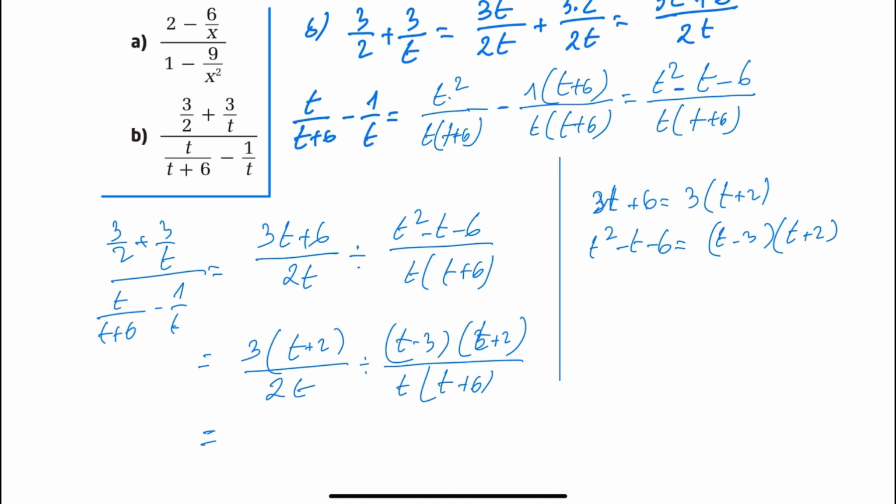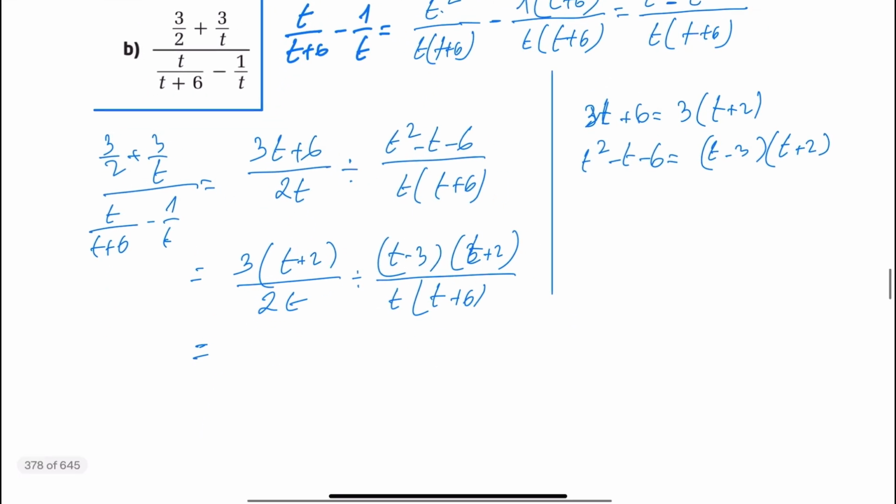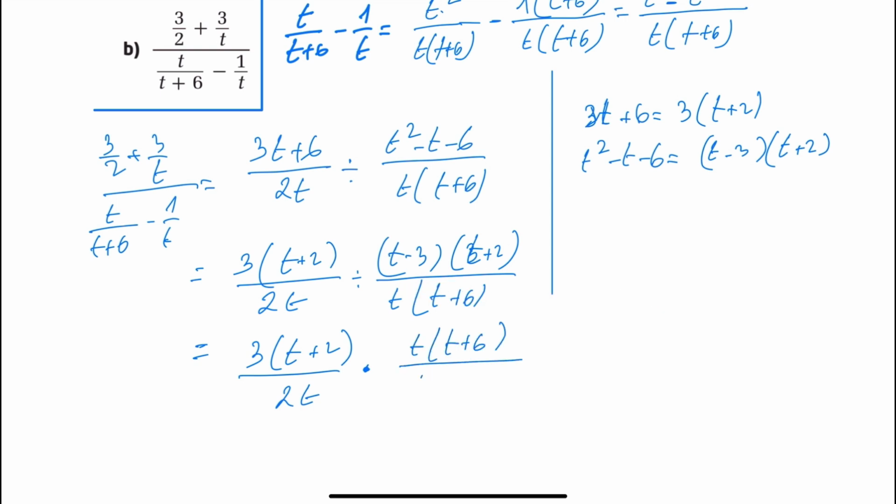And because I have a division here, I can change it to a multiplication by flipping these two. So this is equal to 3 times t plus 2 divided by 2t, times t times t plus 6 divided by t minus 3 times t plus 2.